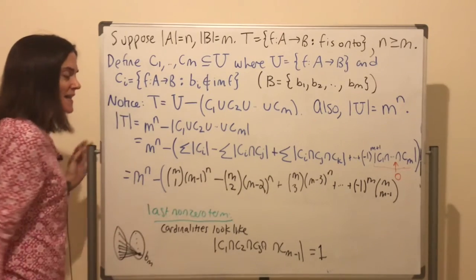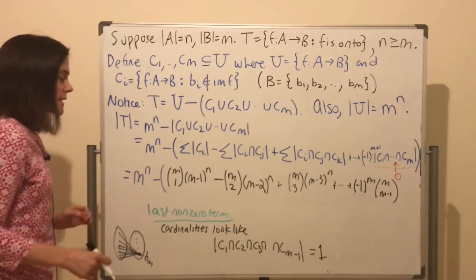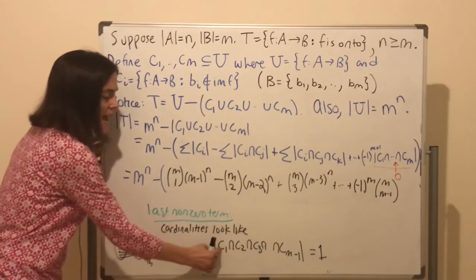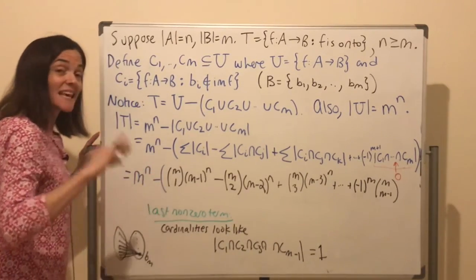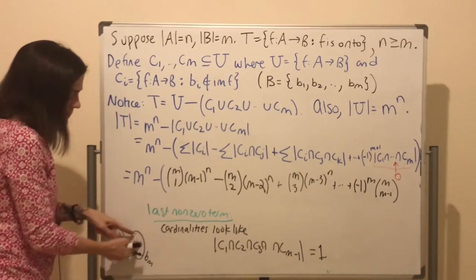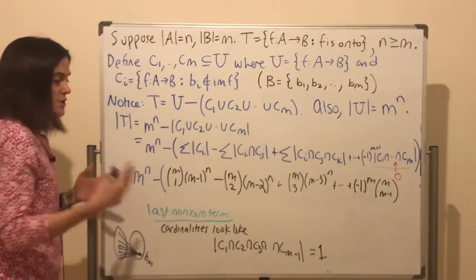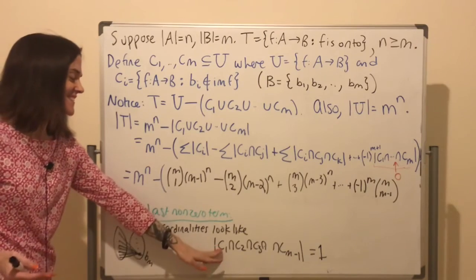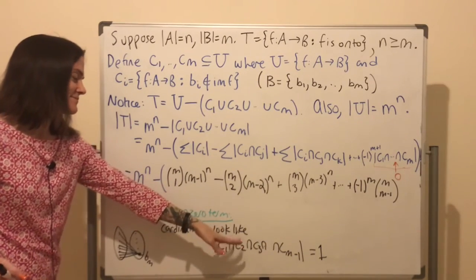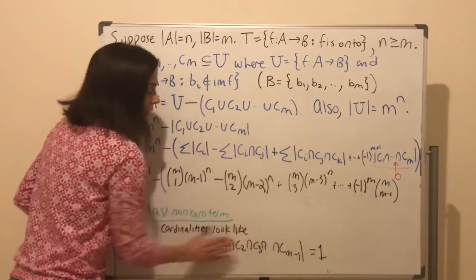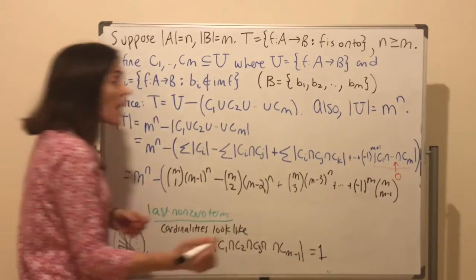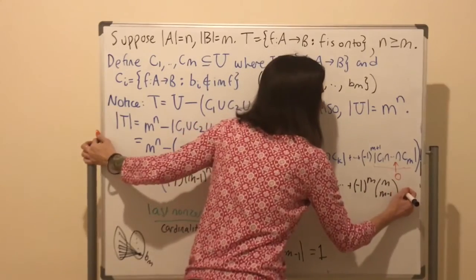So this cardinality is 1, and similarly, any of the ones where you have M minus 1 of the different sets intersected, they just all map to whichever element is not included as a set here, right? If that makes sense. So it maps to Bi if Ci is not in this. So all of these have cardinality 1.